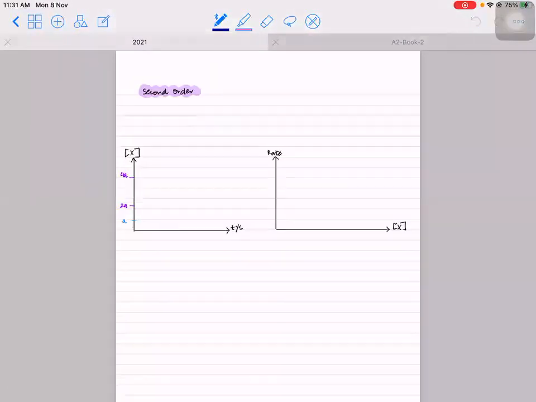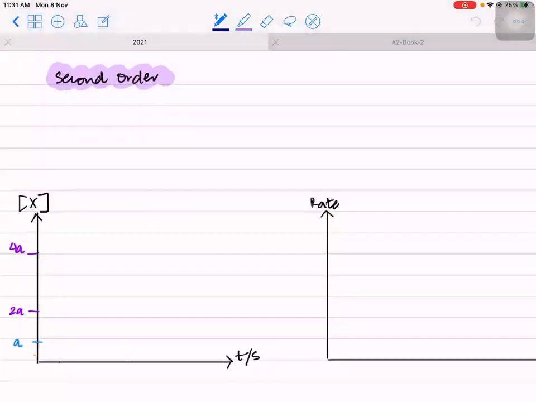Now let's move on to second order. What do you mean by second order? Second order, again, my reactant, I'm taking that to be X. This is what you mean by second order, X squared. So that means if I change the concentration of X, my rate will be affected by square of it.